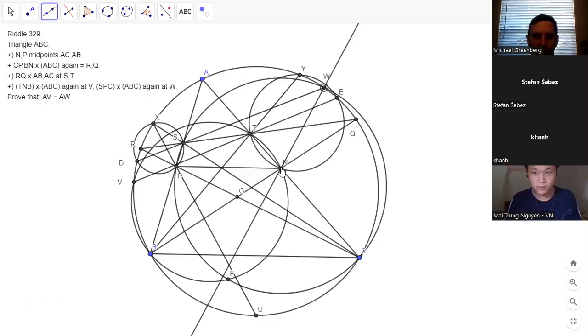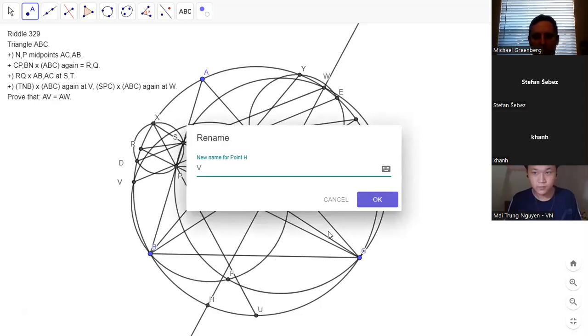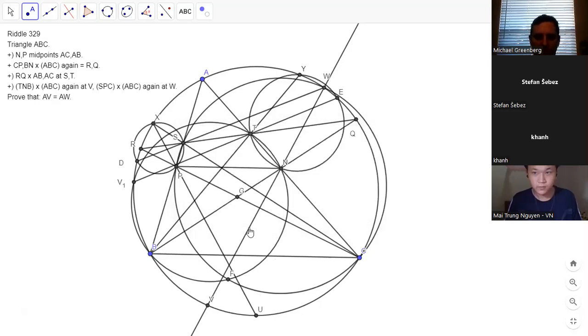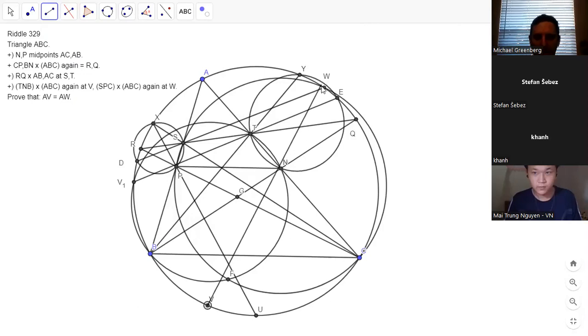And then if WN intersects the circle at V, oh, you called it, can we call it something different from V? Just because V is from the original problem. Can we call it Z or something else?